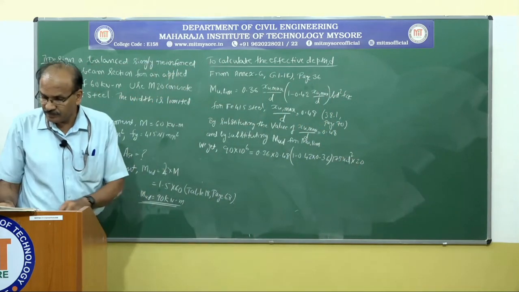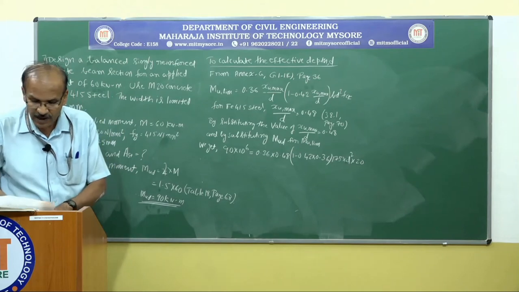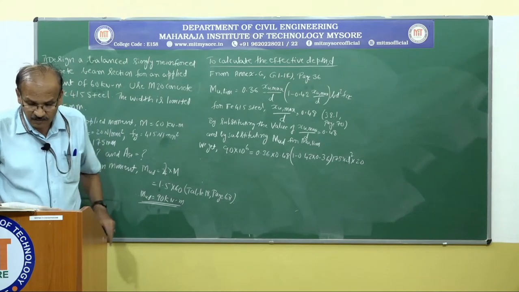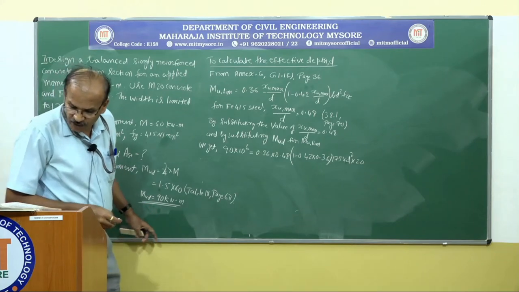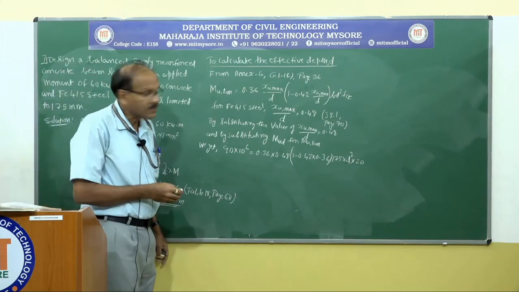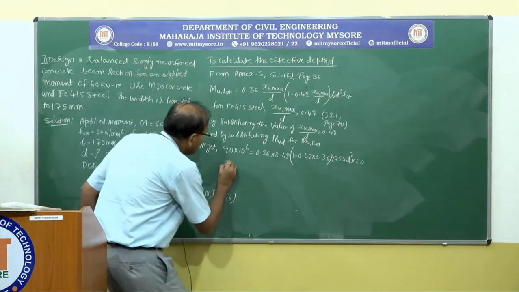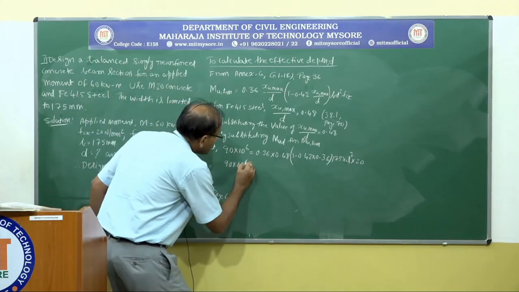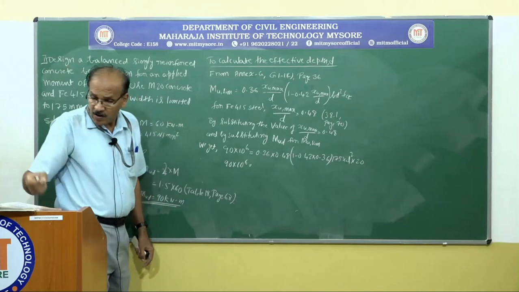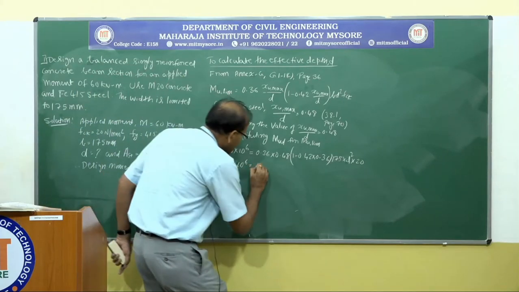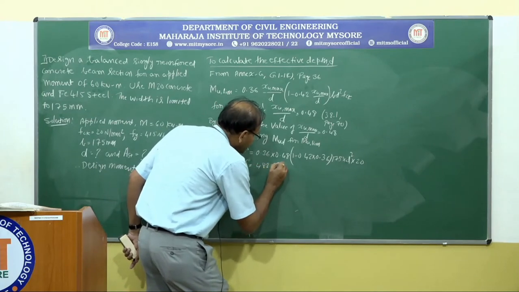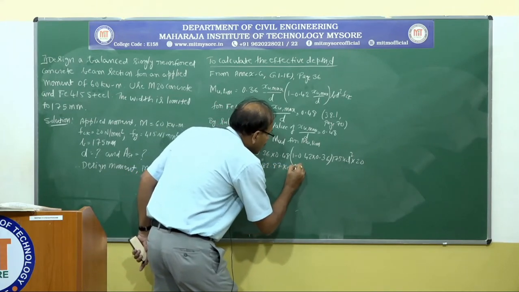Okay. And after simplification, I am going to get 90 into 10 to the power of 6 equal to 482.87 into d square.